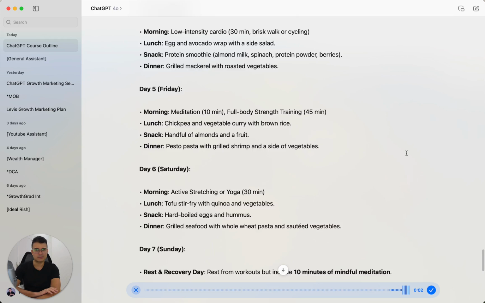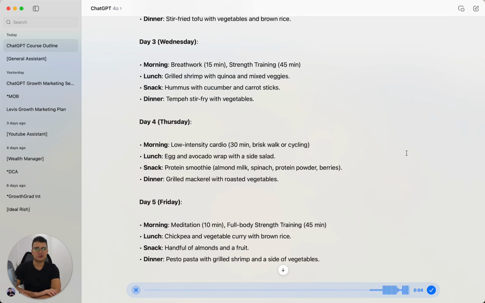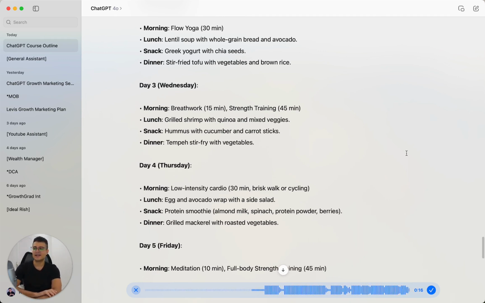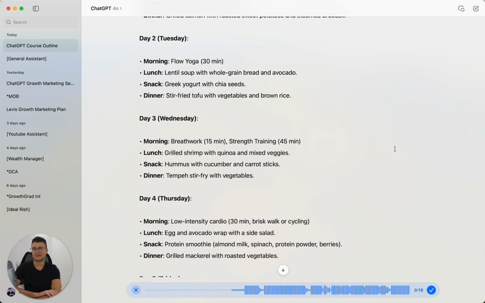I like the plans overall. One thing that I do, which is already a habit for me, is intermittent fasting, where I eat between 12 and 8 p.m. on a daily basis. Sometimes it could change to 10 to 6, sometimes 11 to 7. I'm not perfect. But yeah, I do follow the intermittent fasting.